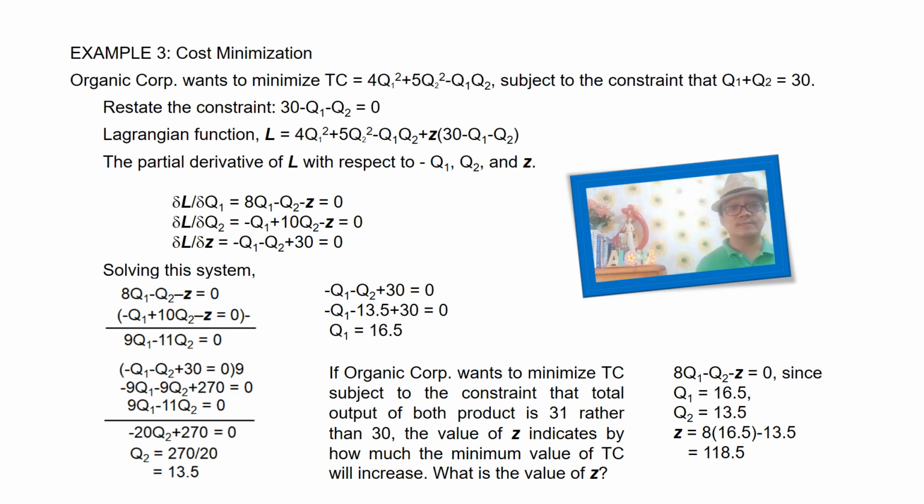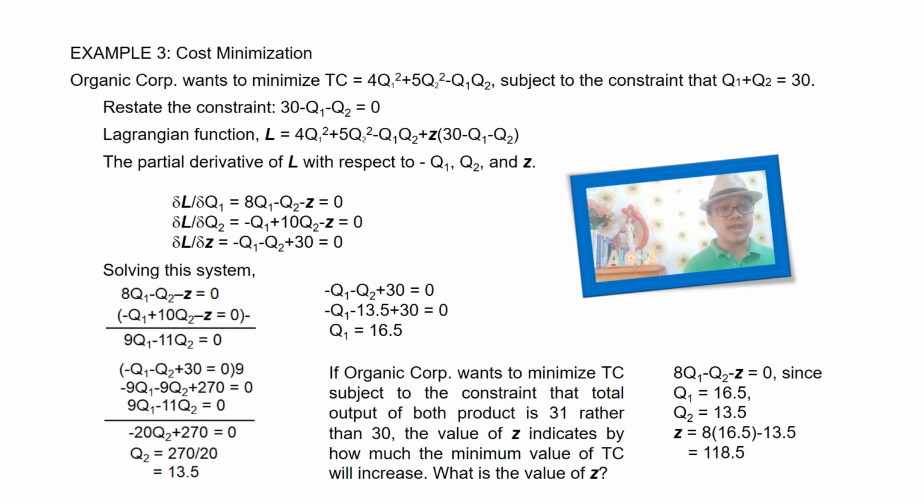Solving the system of equations for Q1 and Q2, we get the optimal values. We find that Q1 is equal to 16.5 and Q2 equals 13.5. Therefore, the optimal value of Q2 is 13.5 and Q1 is 16.5.